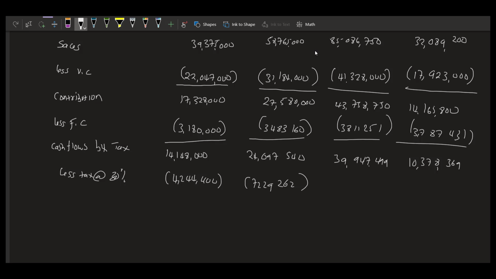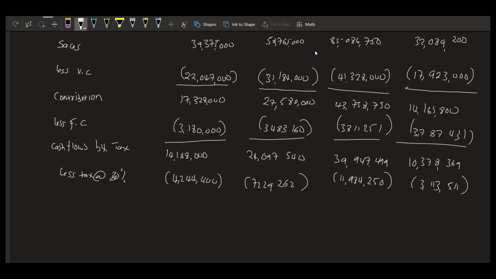We get 11,984,250. The last one we take 10,378,369 multiplied by 30%, we get 3,113,511.